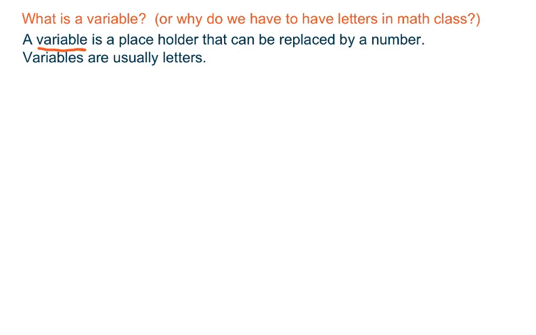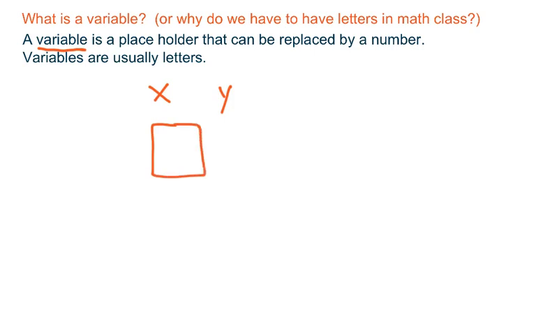Now, when I'm talking to future teachers about introducing the idea of a variable to very young children, elementary school age children, I tell them to think of a variable as more like a box. So in algebra, we do use x's and we use y's, but think of them instead as a box. A box where you can just put a number.